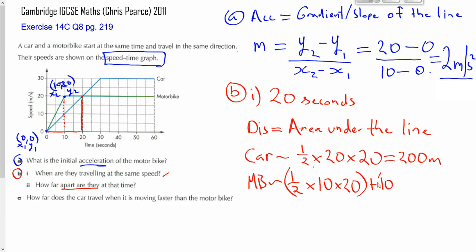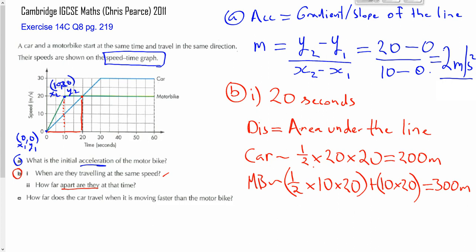That's equal to half of 10 is 5, 5 times 20 is 100, plus 10 times 20 is 200, so it's going to be 300 metres.